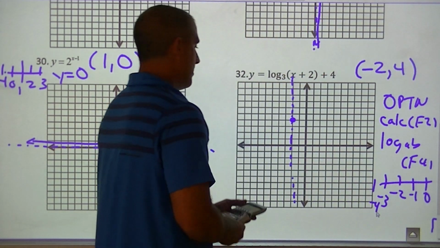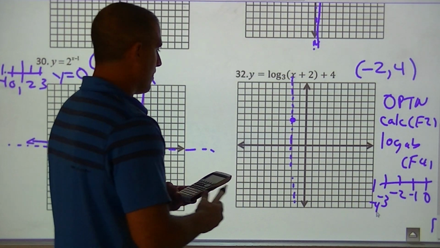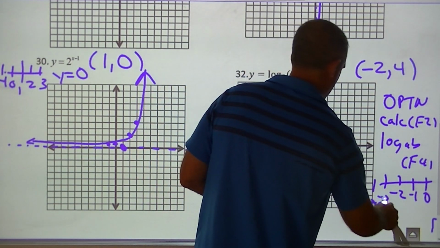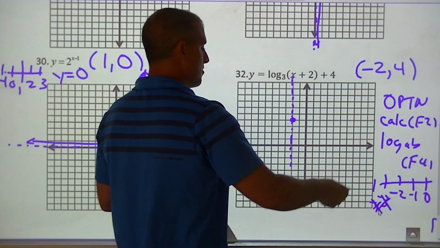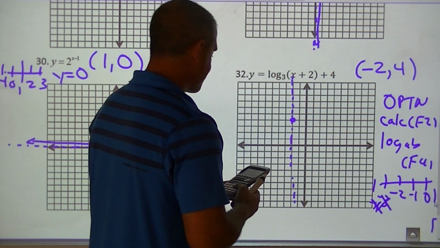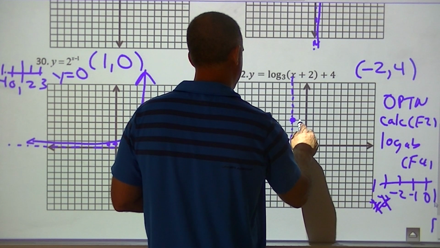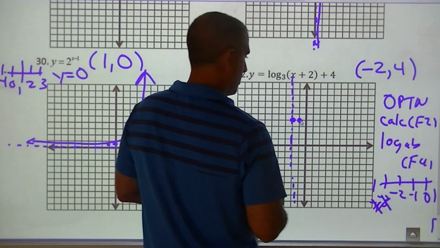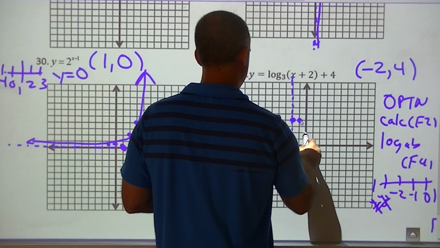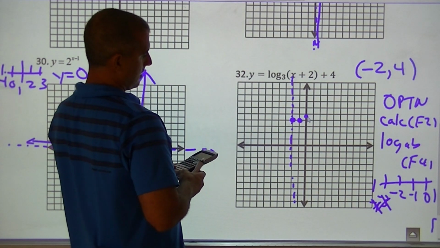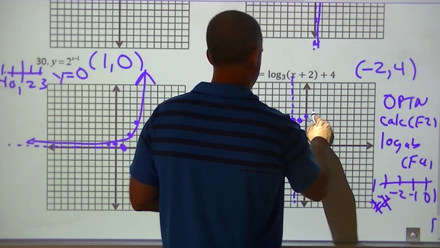Now, you can start with this. If I try to put -4, this doesn't work. It's like the square root button. -3 doesn't work. You might want to continue and graph maybe 1, just to give yourself a shape. I'm at -1, 4 up. Then 0, which is 4.6. And then 2, which is like 5 point something.